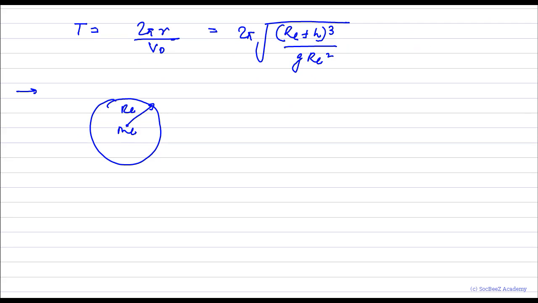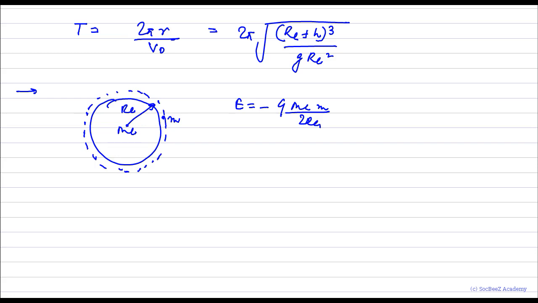The energy actually turns out to be minus G into Me into m upon 2Re, where m is the mass of the satellite which is orbiting very close to the surface of the Earth.